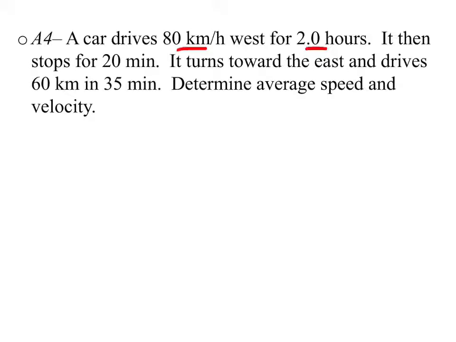So that didn't actually give us the distance it went. So that's also another problem. Then we know it goes 0 meters for 20 minutes, and then we know it goes 60 kilometers in 35 minutes. So one other problem we have here is we can't actually find the total distance at this point because we need to find the distance for this little bit.